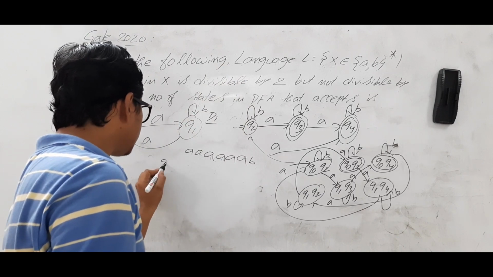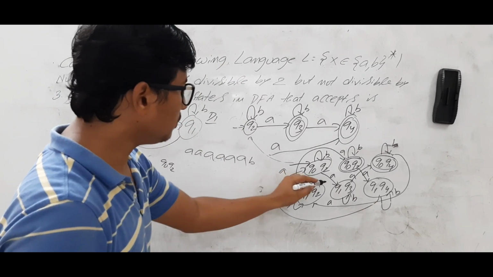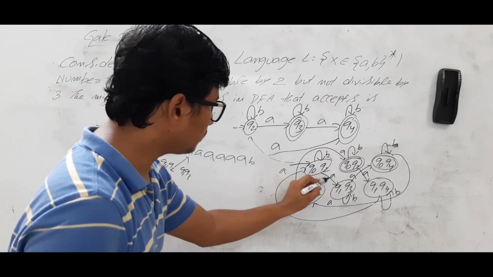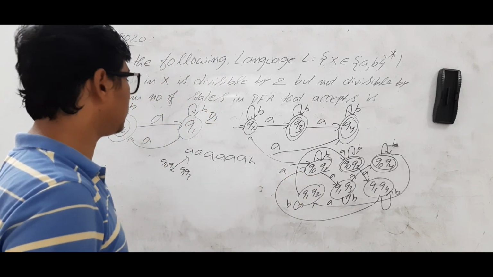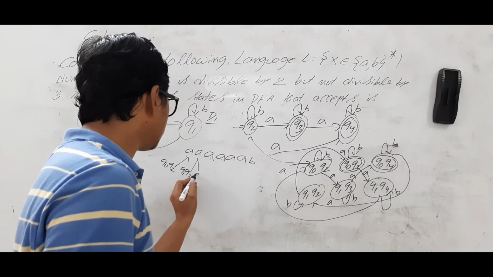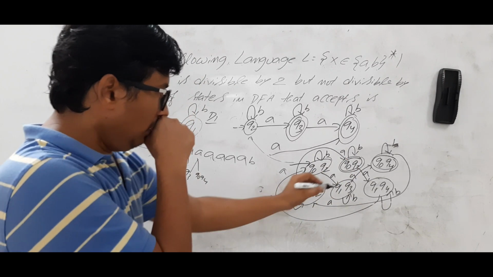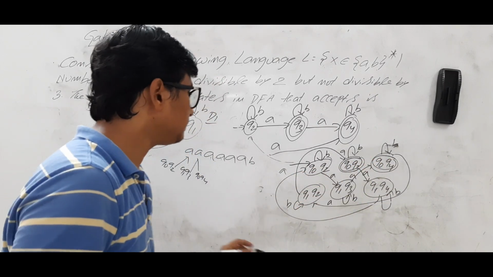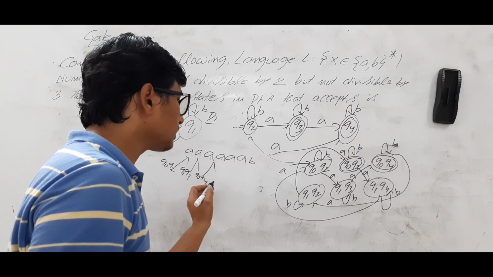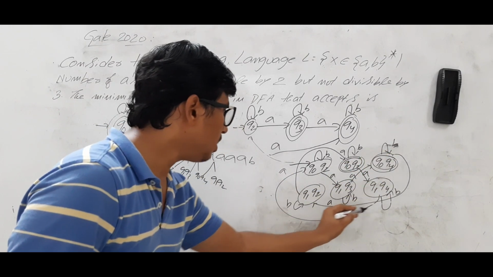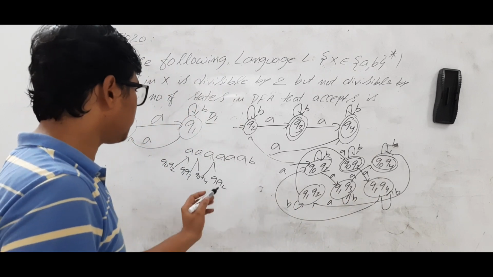So I am in the initial state Q0, Q2. On A, Q0, Q2 reaches Q1, Q3. Q1, Q3 on A goes to Q0, Q4. Q0, Q4 on A reaches Q1, Q2.